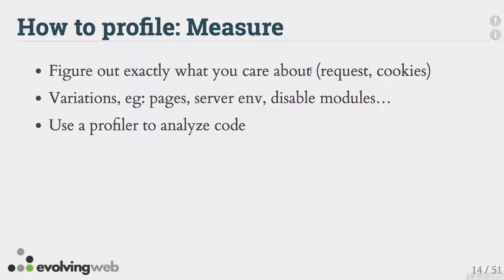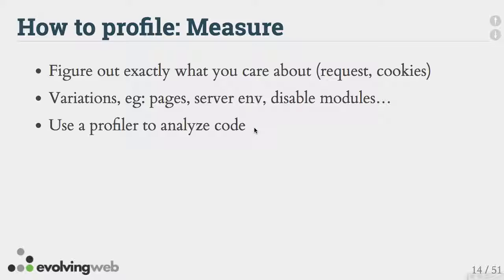Also keep in mind what URLs you're measuring, and whether there's cookies involved, whether there's caching involved, and also vary things up. Like sometimes you're on a staging environment and it's slow, and bear in mind that there might be hardware differences between staging and production. Another thing, you don't even need a profiler yet, you could just disable some modules that you think are beasts.